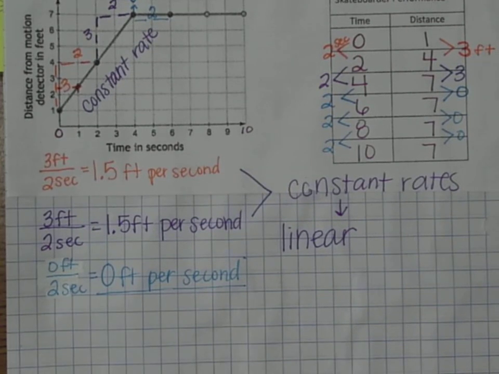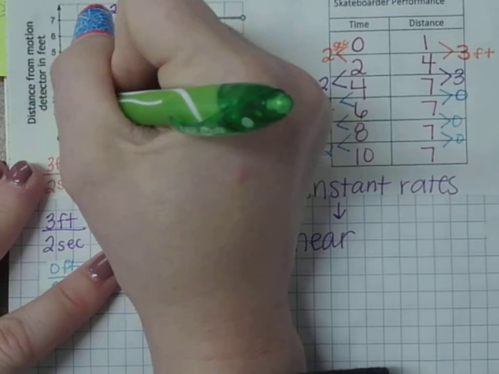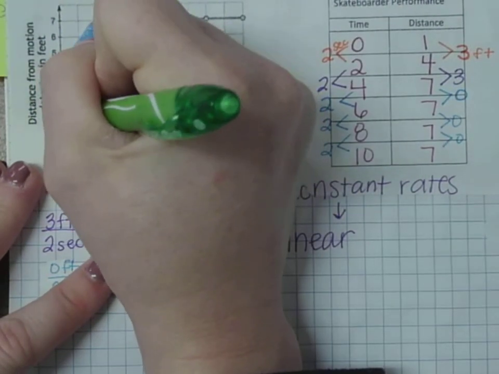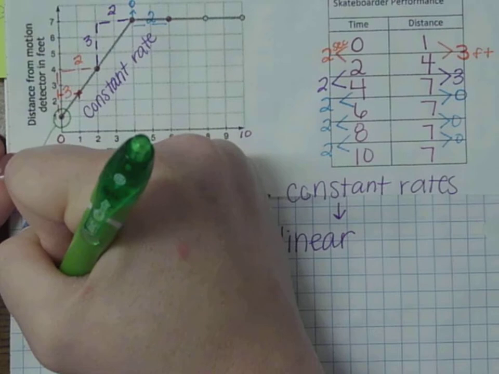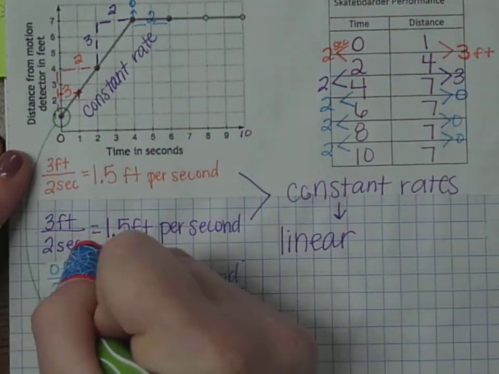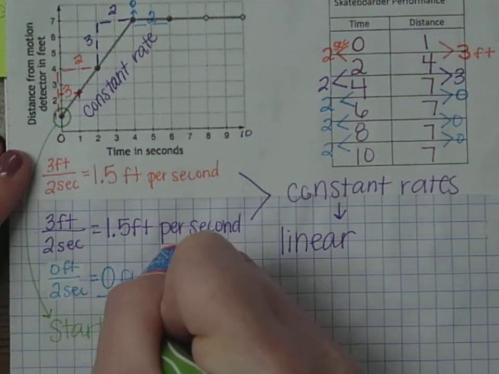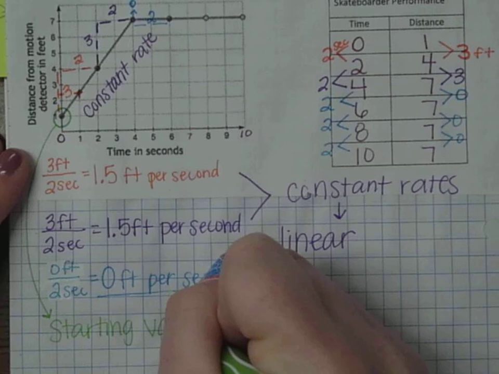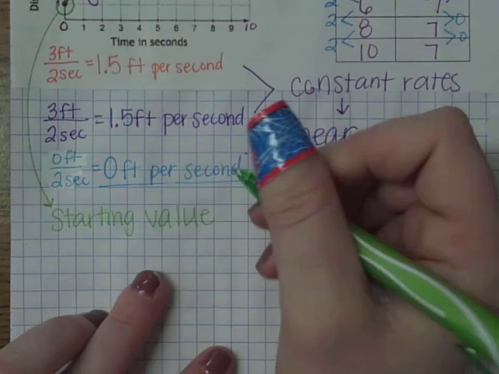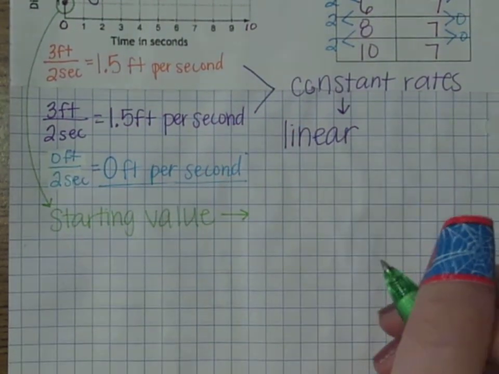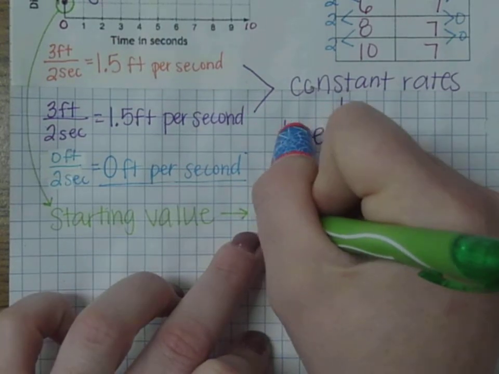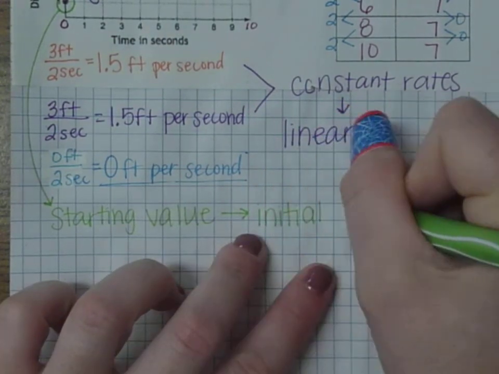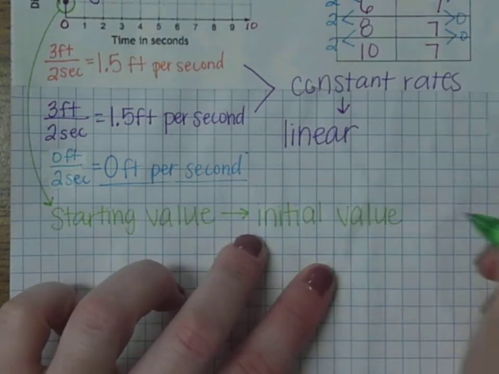Okay, something else that we need to talk about on this line is this point right here. That point we've been calling the starting value. If you look at your vocabulary, this is actually called the initial value.